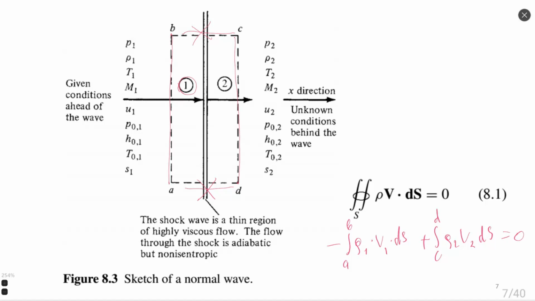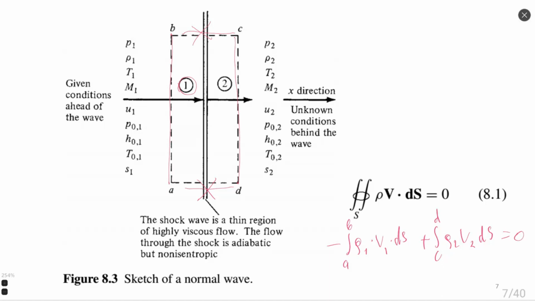And also we may see that density 1 is constant along the edge AB and velocity 1 is constant along the edge, as well as density 2 is constant along edge CD and velocity 2 is constant along edge CD.